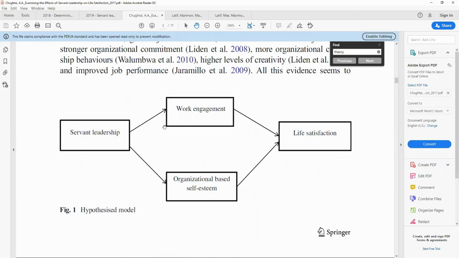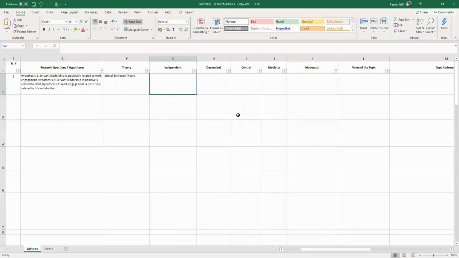So the independent variable affects the mediating variable, and the mediating variable then affects the dependent variable. So let's write about our variables. The independent variable was servant leadership. The dependent variable was life satisfaction.